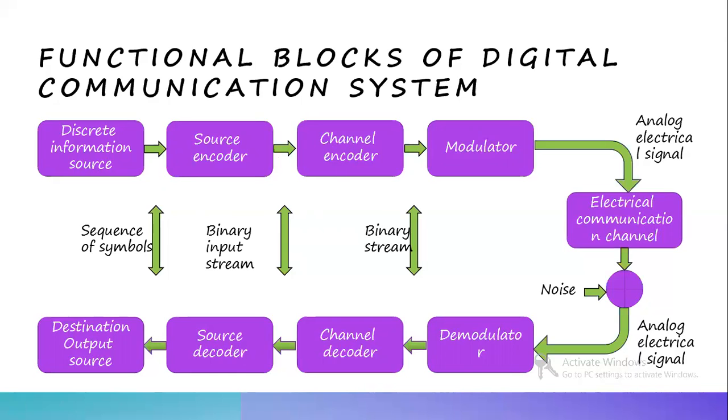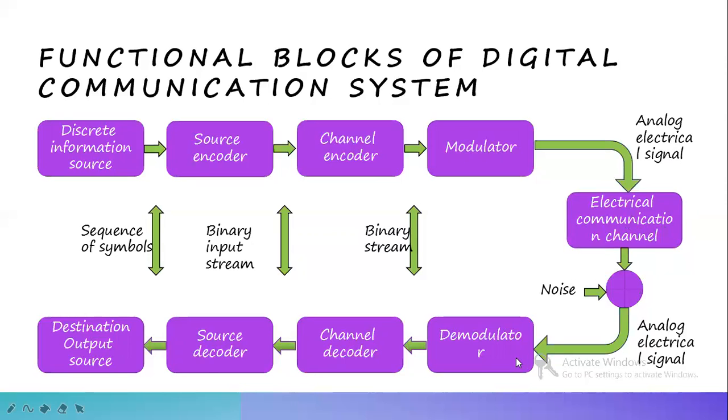The channel encoder just acts as a channel, and the output will also be a binary stream. The modulator modulates the signal, and output of this can either be analog or electrical signal. This electrical communication channel carries these analog or digital signals, and noise will be added at this position.